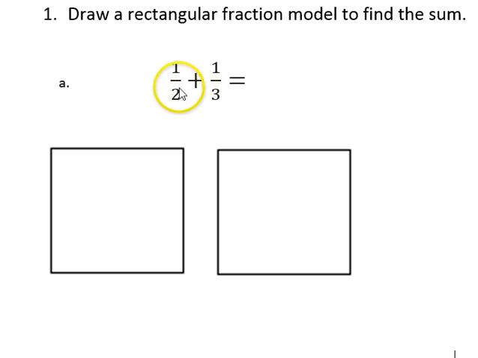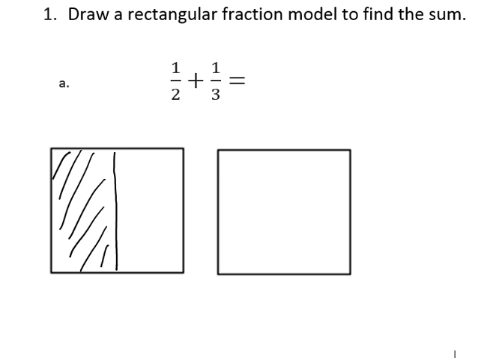To start, I'm going to show 1/2 on this rectangle. I'm going to divide this rectangle with a vertical line. I'm going to shade in 1/2. The 1/3 will be shown on this rectangle, but on this rectangle I'm going to divide it with horizontal lines.